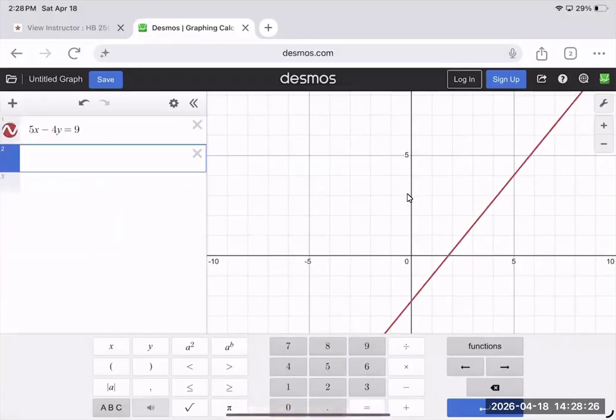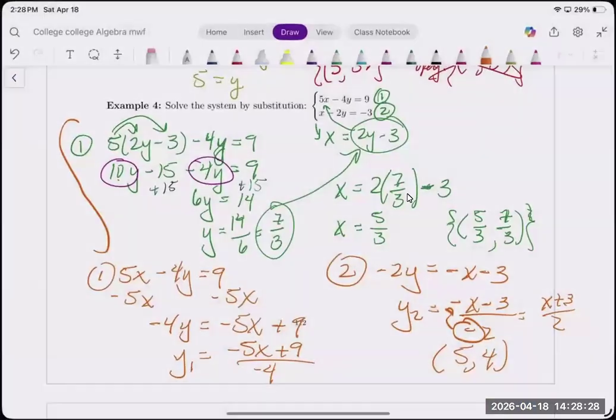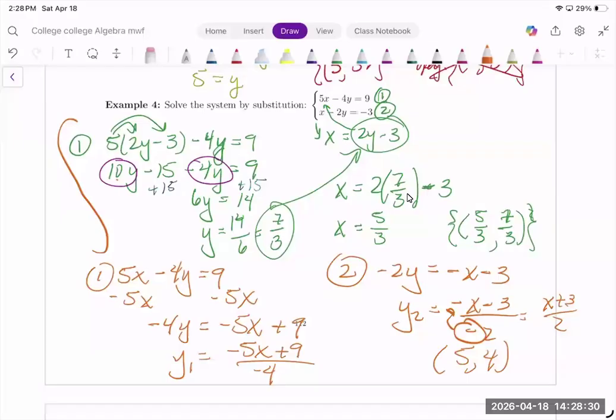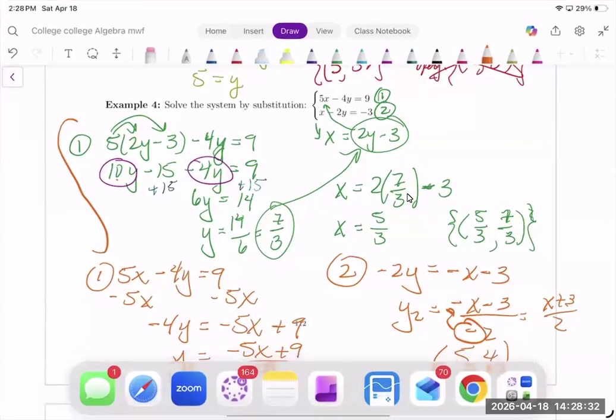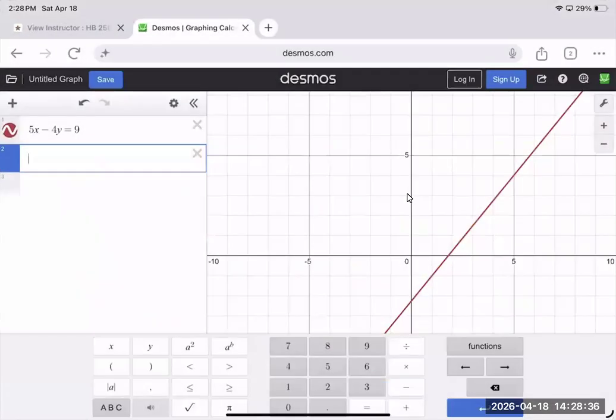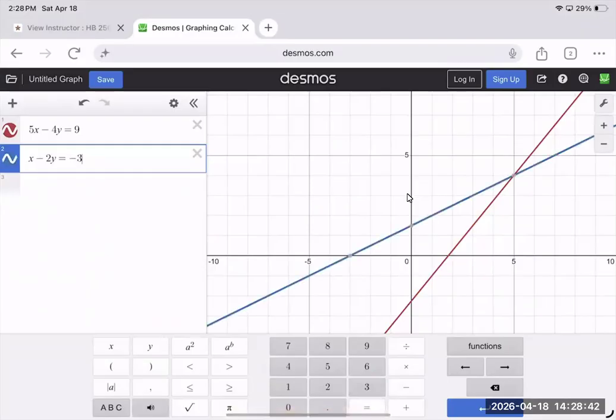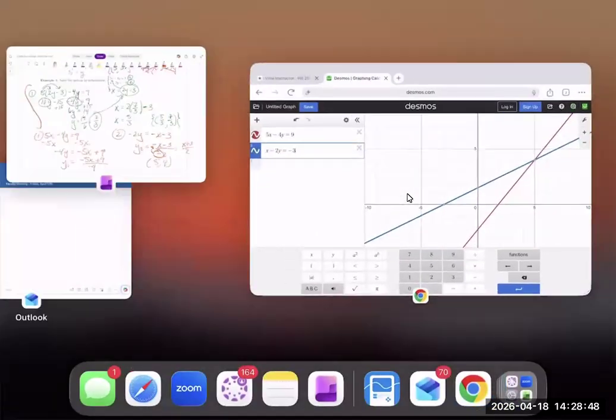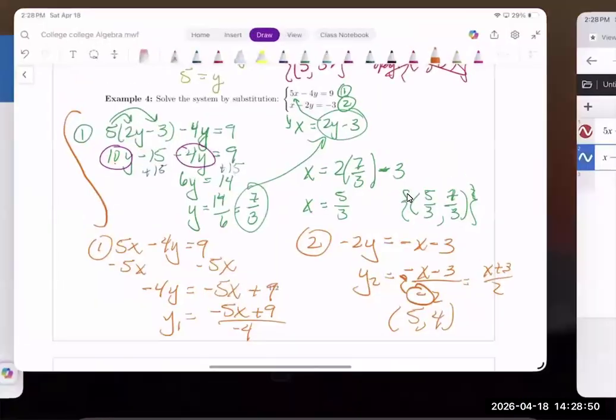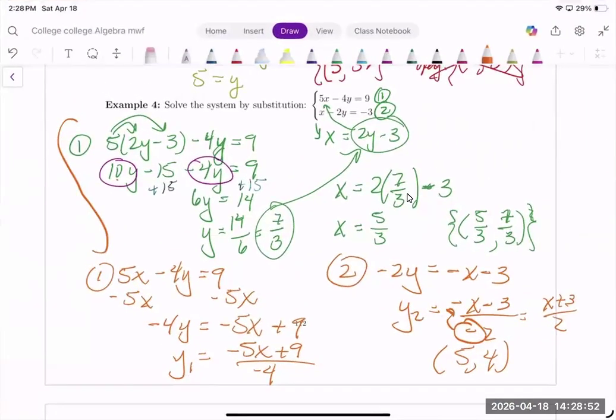Okay. And then we'll add the other one. x minus 2y equals negative 3. Is it negative 3? Yeah, that's 5, 4. I did something wrong in my work. 5, 4. Yeah. So this is it.